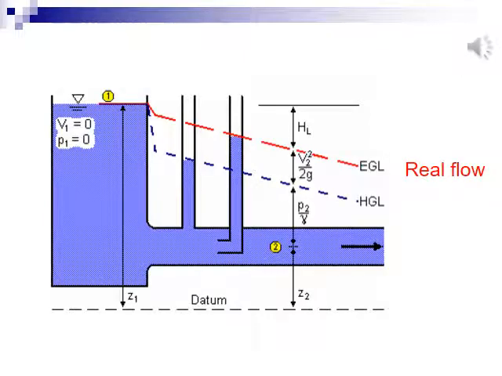So, for real flow, the total head line, the red line in the picture, is always downward due to energy loss. But for the piezometric head line, the trend depends on velocity head, and may be upward or downward. In the picture, because the flow is a uniform flow, the velocities will not change along the stream. So, the piezometric line, the blue line in the picture, is parallel to the red line.